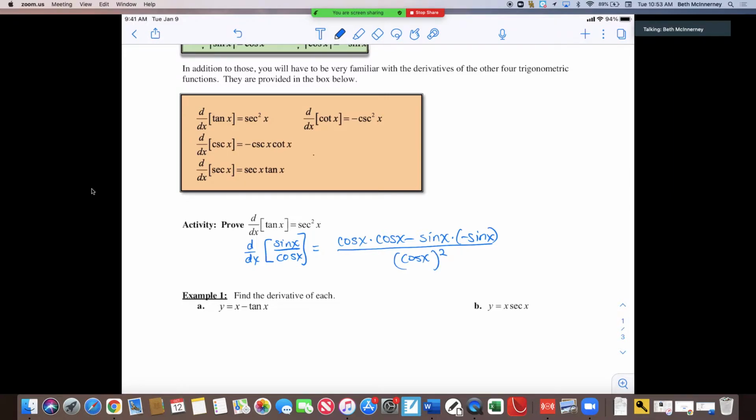So here I have this step. And then let's tidy that up. That's cosine squared x plus sine squared x.